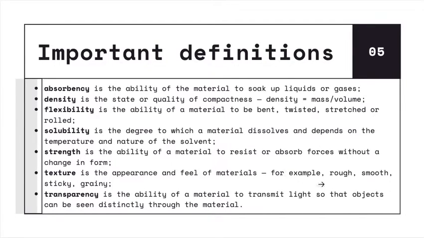Next one is strength. And strength is the ability of a material to resist or absorb forces without a change in form. This is a really important thing with materials when you're thinking about building a house. Choosing the right materials with the right strength is super important. Texture, it's the appearance and feel of materials. For example, rough, smooth, sticky, and grainy. This could be things like glass or sandpaper.